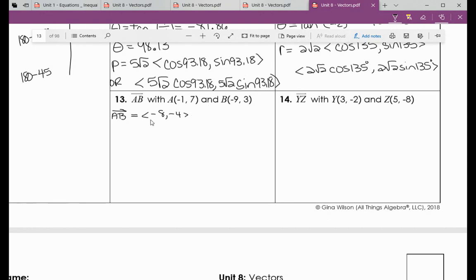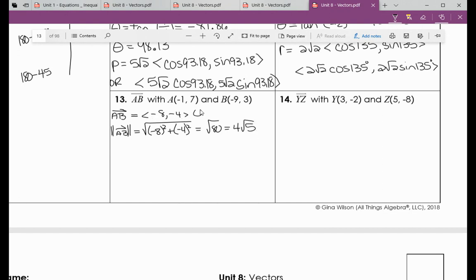I can find the magnitude of vector AB: square root of -8 squared plus -4 squared. That gives me the square root of 80, which is 4 square roots of 5.